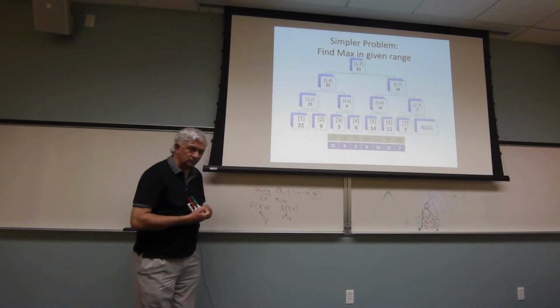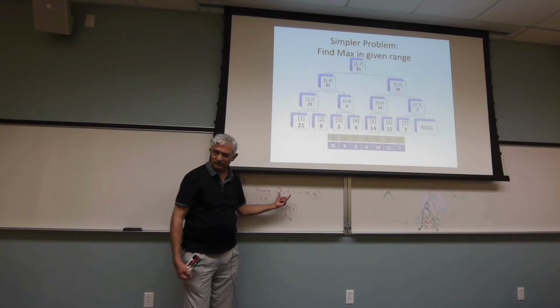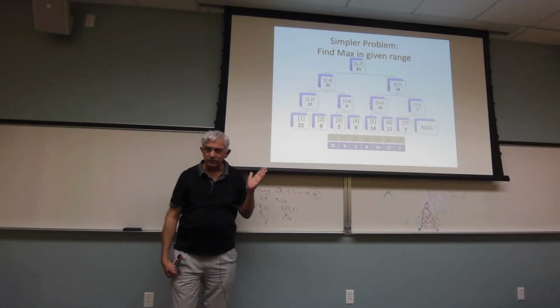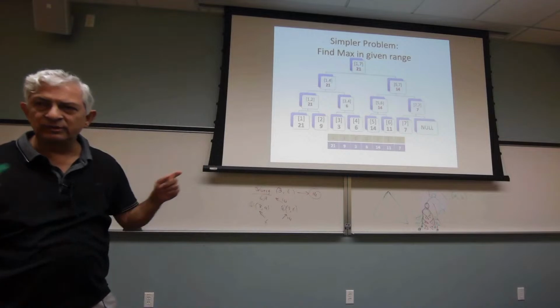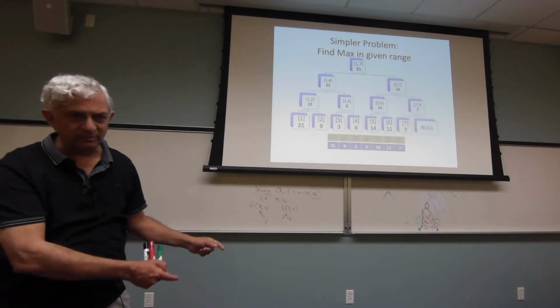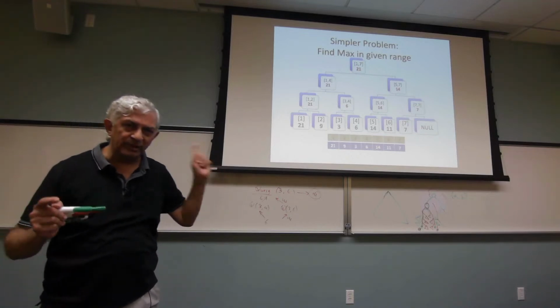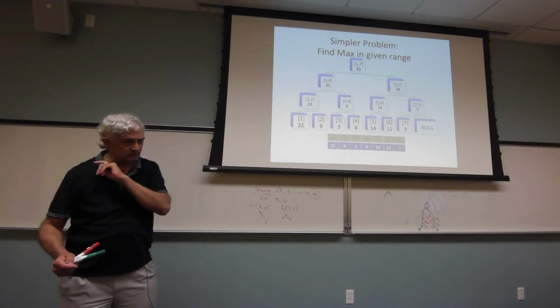So in order to implement this, you would have two parameters for the query, A and B. You would start at the root of the tree. If the entire range lies in one of the subtrees, either the left subtree or the right subtree, then you just have to make one recursive call and restart with the left child or the right child.